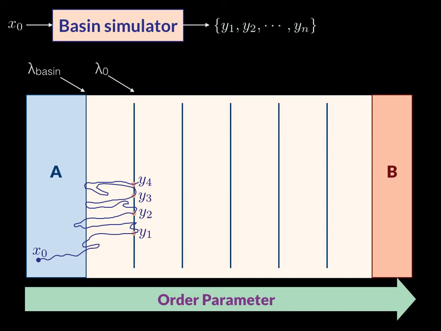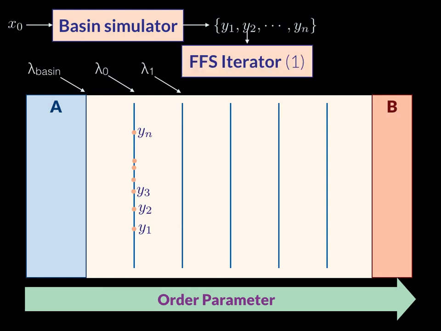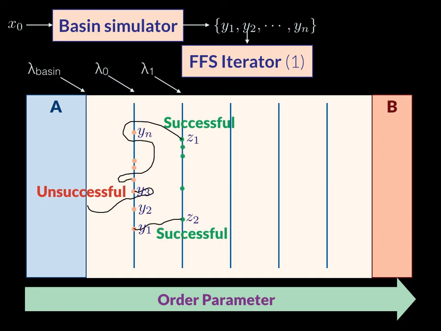Then we get a bunch of configurations there, and we then determine the probability of going from lambda 0 to lambda 1 through an FFS iterator. So from each configuration, you start multiple trajectories, and you terminate them when they reach the next milestone or they get back to the basin.